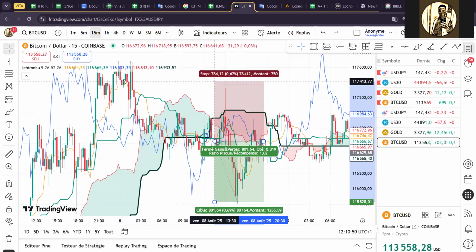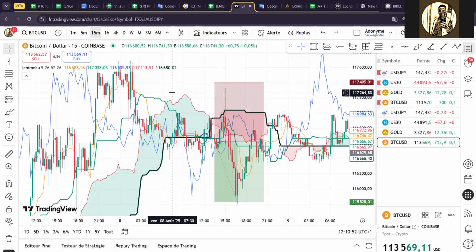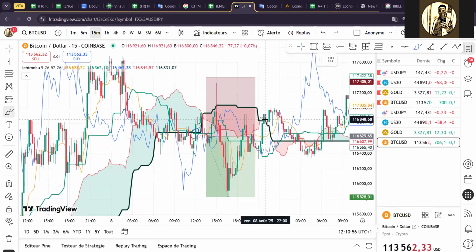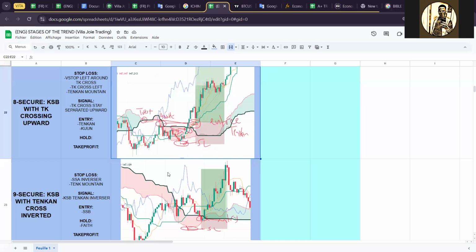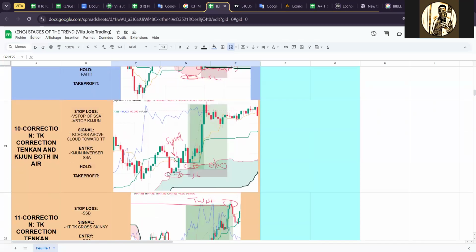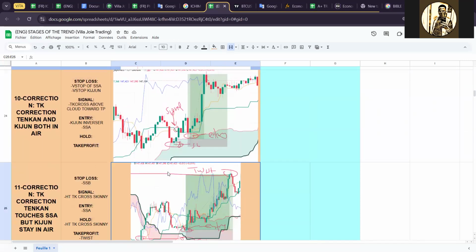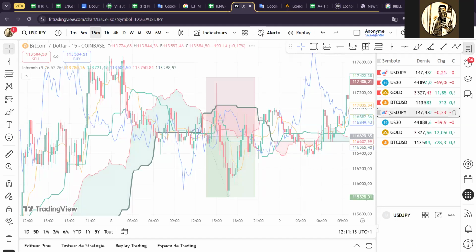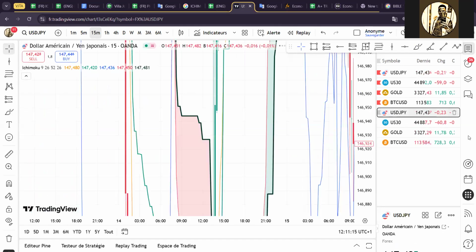But if you put it just here on the Tenkan Mountain, you will not be exited, and this one is still a good trade. So now let us continue and then look at the corrections. The TK correction.